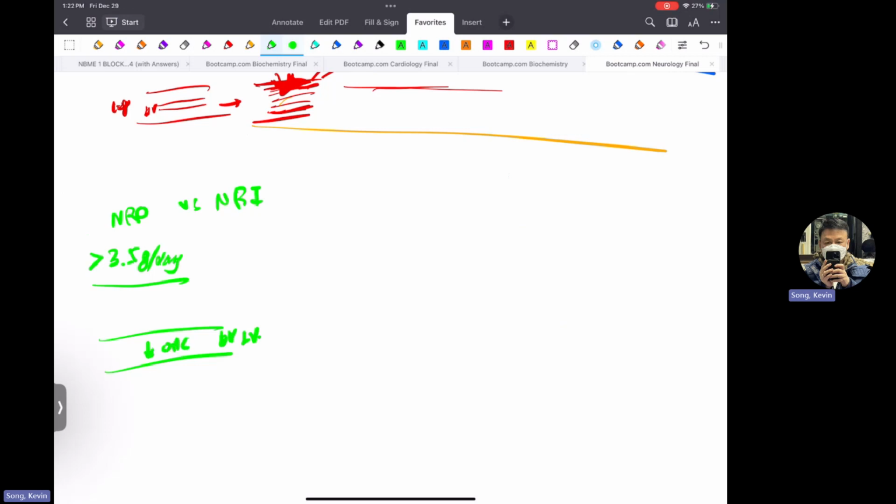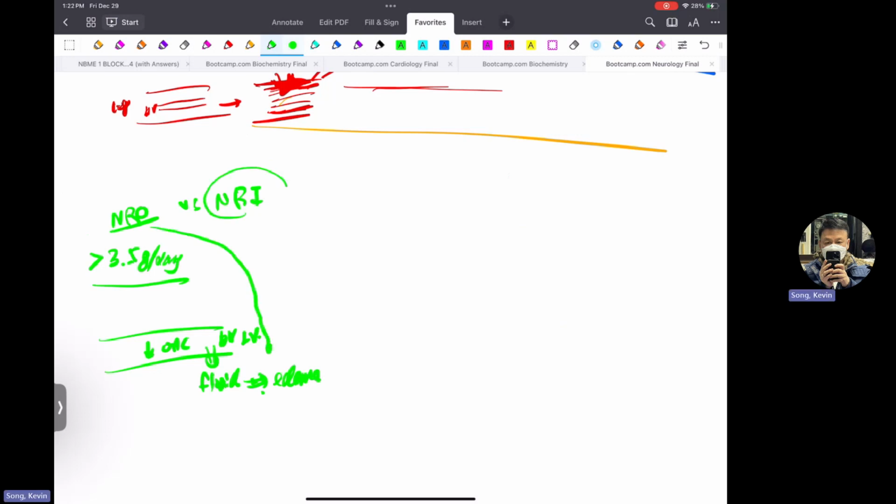Then oncotic pressure cannot attract the fluid into the blood vessel, so the fluid will be outside the vessel. It will cause fluid accumulation outside, and that will be edema, right? So basically, nephrotic can cause edema.